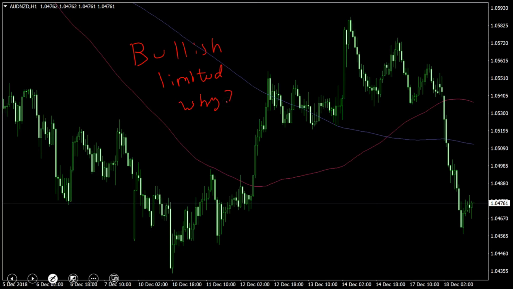Because you can easily put a stop loss over here. So at this current price, if you put a buy order at this level, and the prices go down, the maximum you will lose is about 50 pips, which is actually not that much.